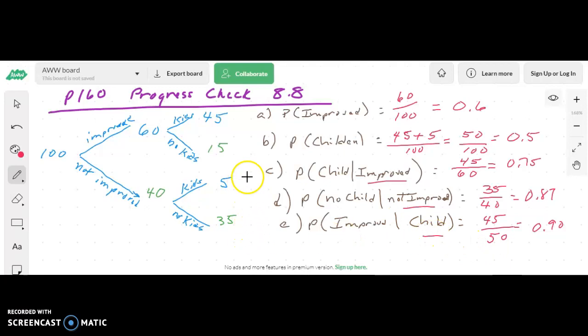So it's not just out of this group here, it's out of the 50 that have children. Of these 50, how many of them felt that it was improved? So it's 45 out of the total 50, which gives us that fraction of 45 over 50, and a decimal probability of 0.90. So hopefully that helps walk through this.